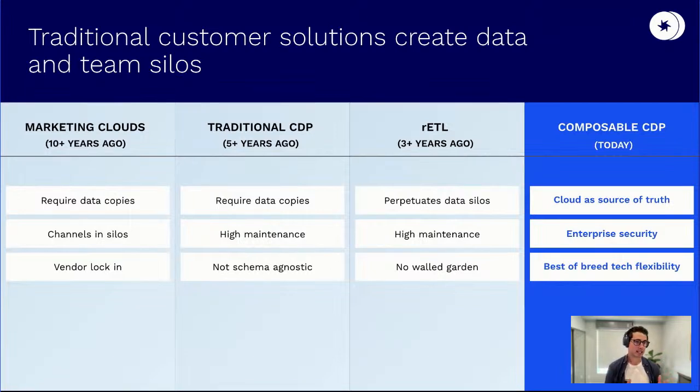We think that's a key advantage, because you avoid copying data into various marketing clouds or customer data platforms and then sending it on to the destinations, the tools you use as a marketer, whether that's Google Ads, email platforms, or CRM platforms.